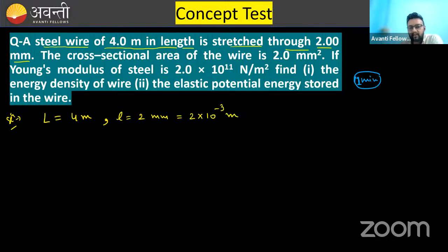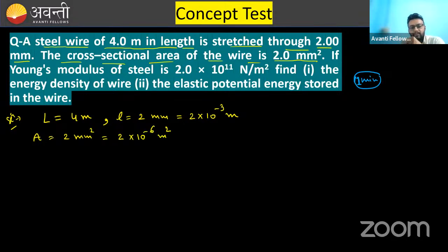Is it clear? The cross-sectional area of the wire is 2 mm square, denoted by capital A. mm means 10 to the power minus 3, square means 10 to the power minus 6. So it will be 2 into 10 raised to the power minus 6 meter square.